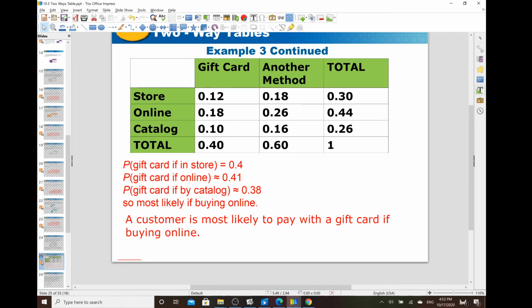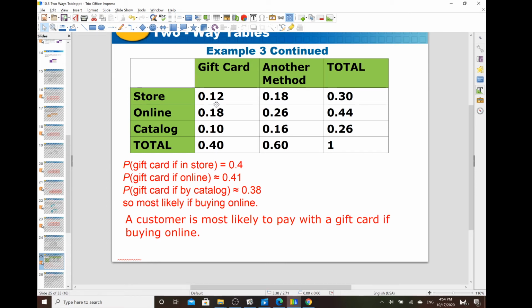So by catalog, another method, then that'd be 0.38. And so most likely if buying online. Okay, so you want to find the higher chance, 0.41. So gift card if that's in store. Okay.